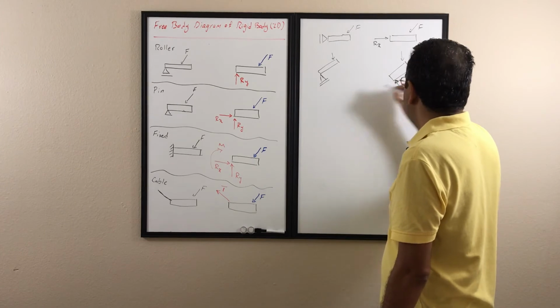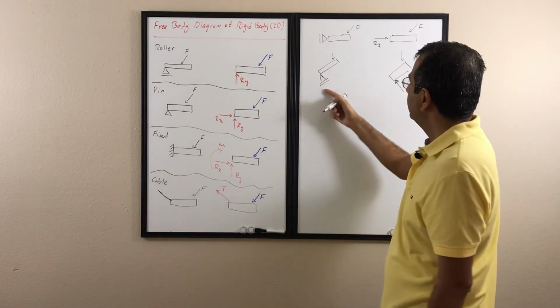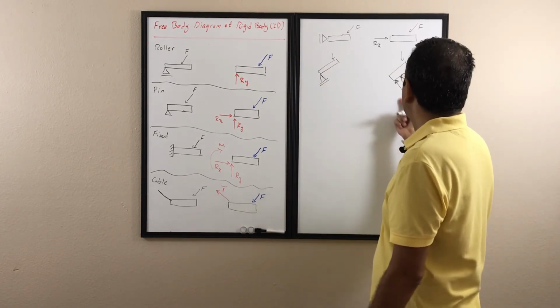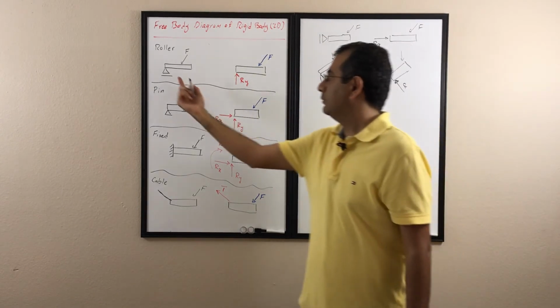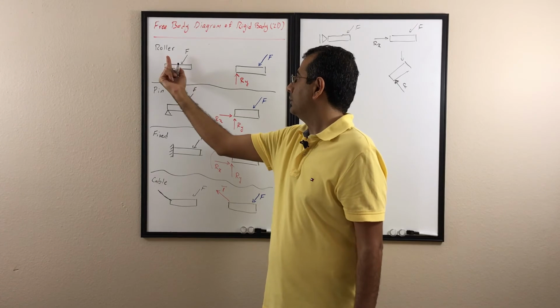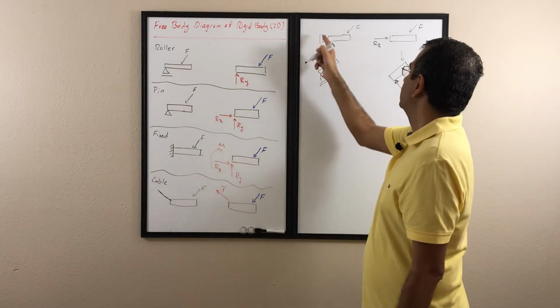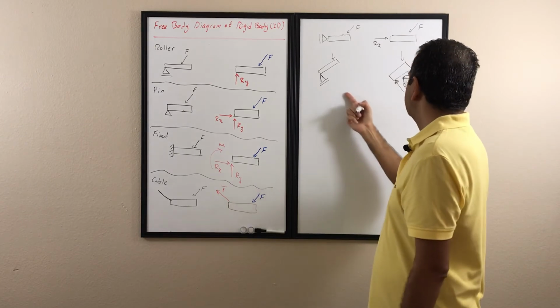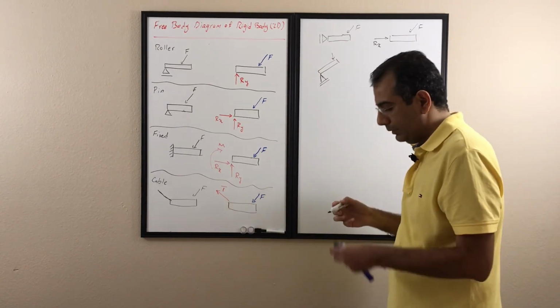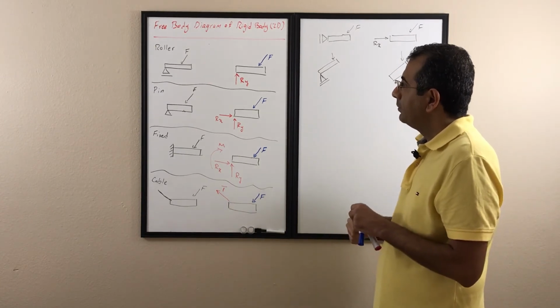It's normal to that surface. So remember, when we have the roller, the R is always normal to that roller. If it's horizontal, the R is vertical. If it's vertical, the R is horizontal. If it has any other orientation, the R is always normal to that direction.